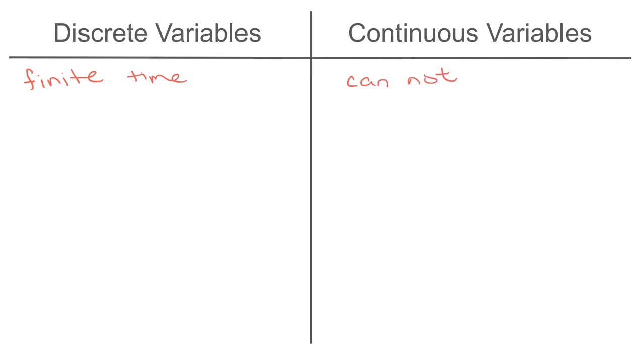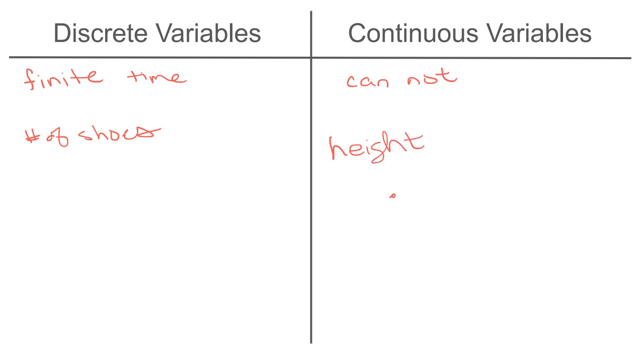So for example, a discrete variable could be the number of shoes in your closet. It could also be the number of shoes in the world. It could take us a really long time to count that, but I could still count it in a finite amount of time. A continuous variable may be, let's see, like height of everybody in the world, right?